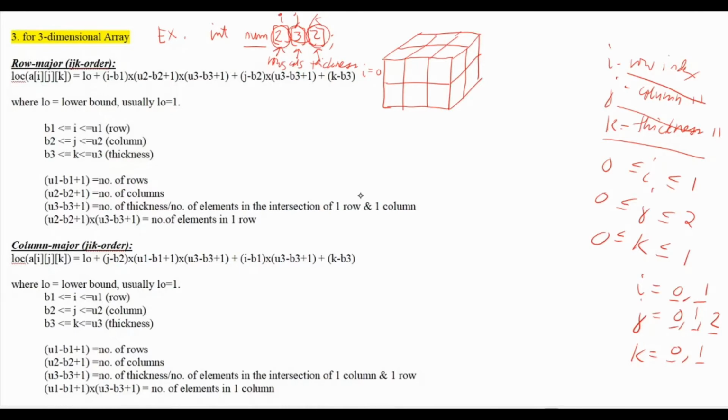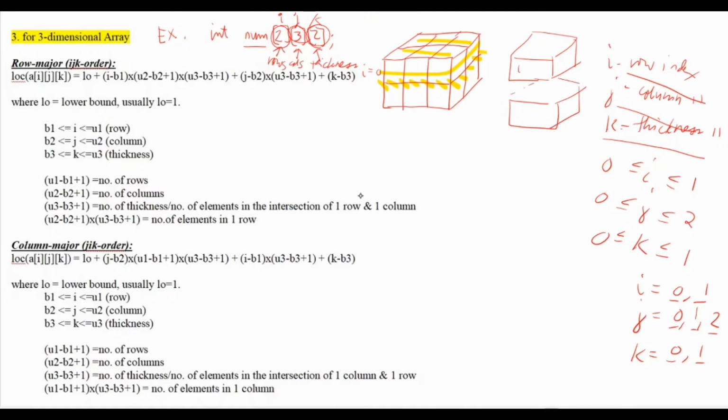And so, in our 3D object representation of the 3D array num, the first row, which is denoted as i equal to 0, is this part here. That's the first row. If we slice this, there are now 2 parts: this one and another one is this.